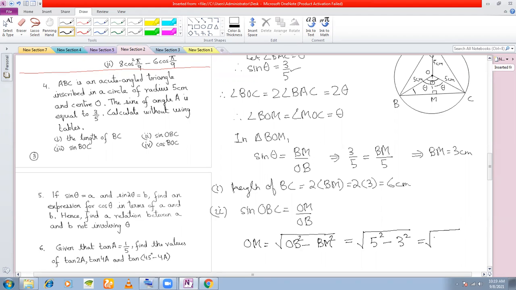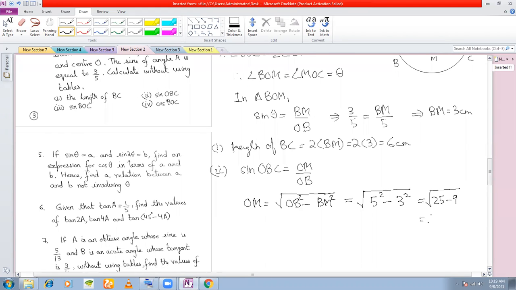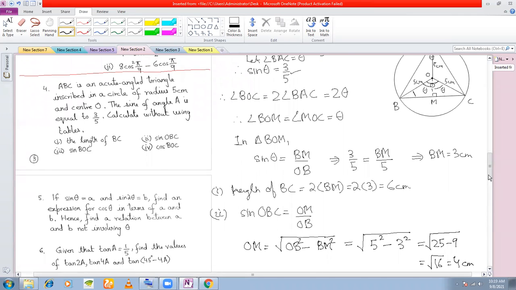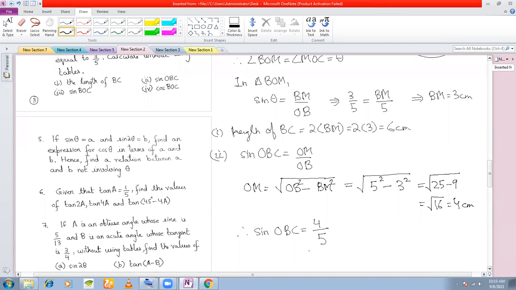So this is equal to root over of 25 minus 9, which is root 16, equal to 4 centimeter. So therefore, sine OBC is equal to OM, which is 4 centimeter as we found here, and OB is the radius, 5 centimeter. That is, sine angle OBC is equal to 4 by 5.